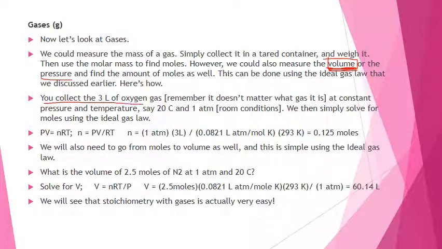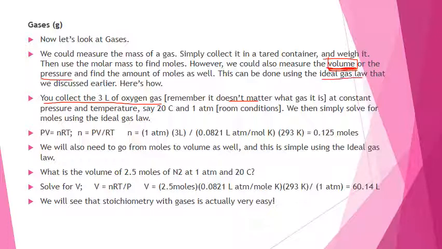So let's say I collect 3 liters of oxygen gas. And remember, it really doesn't matter what gas we use here, because what we're going to use is the ideal gas law. The ideal gas law says all gases, no matter what they are, are going to behave the same.